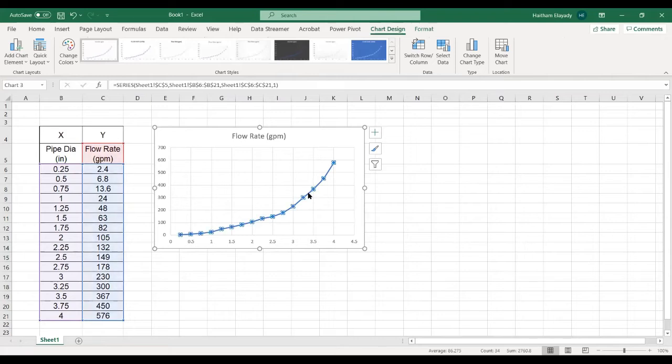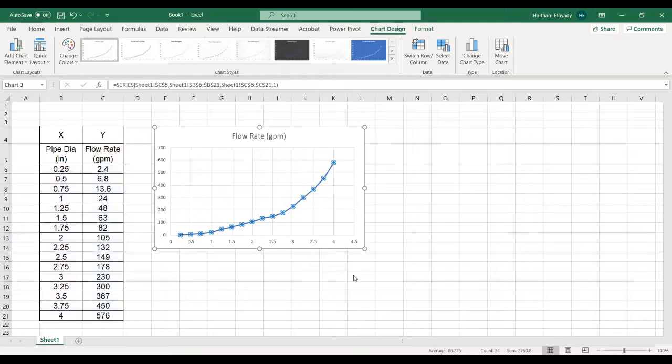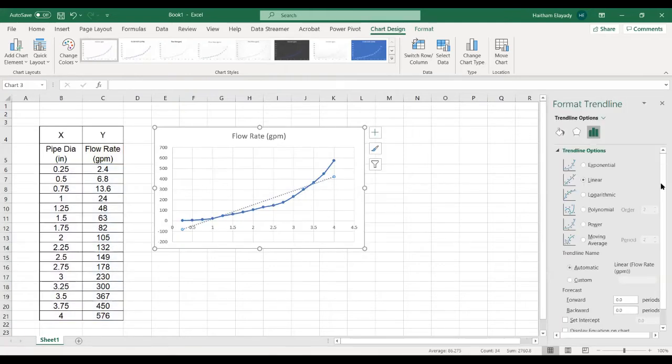Now if I want to draw my trend line, I just click on the line, then right-click on the mouse and click on Add Trendline, and here I have all the options of the trend line.